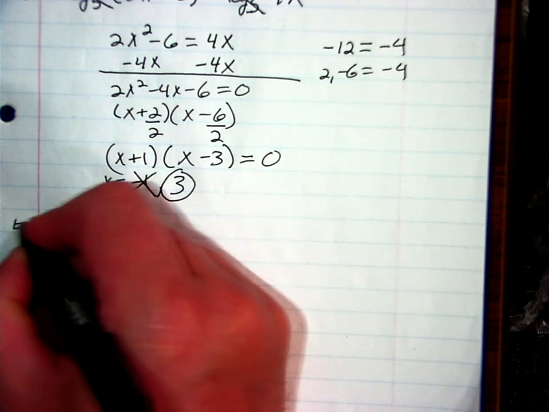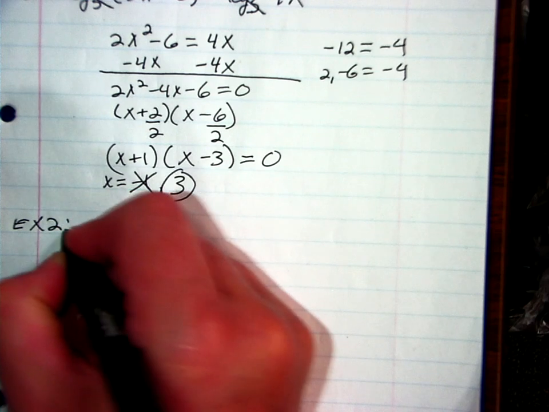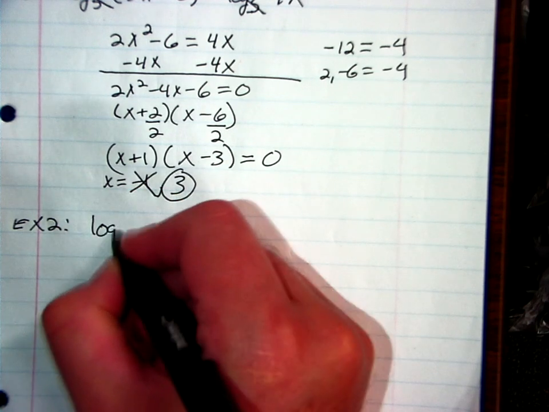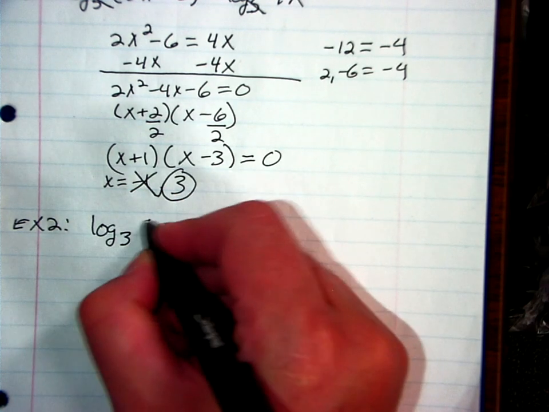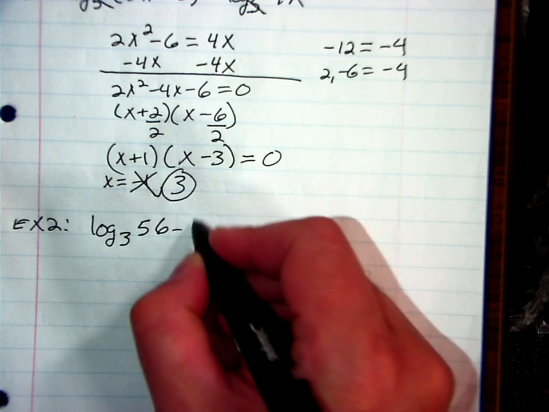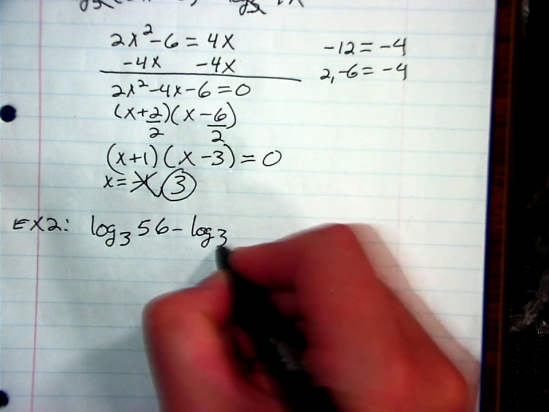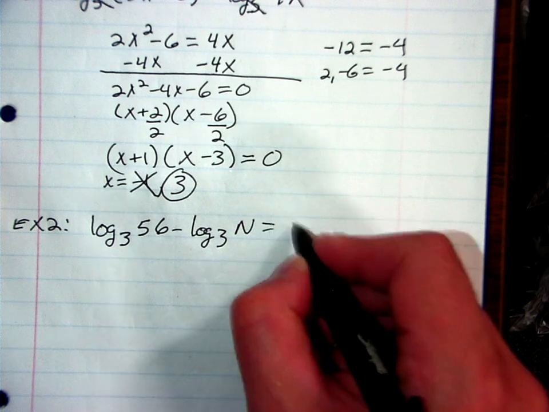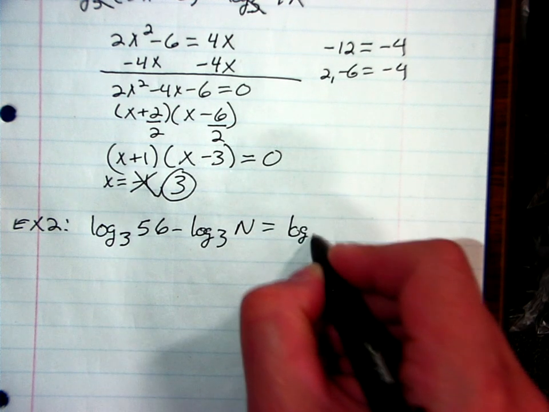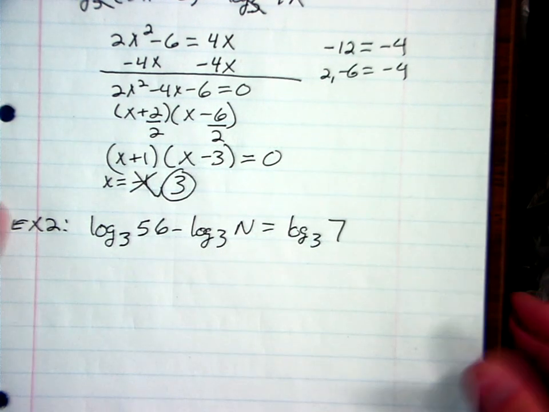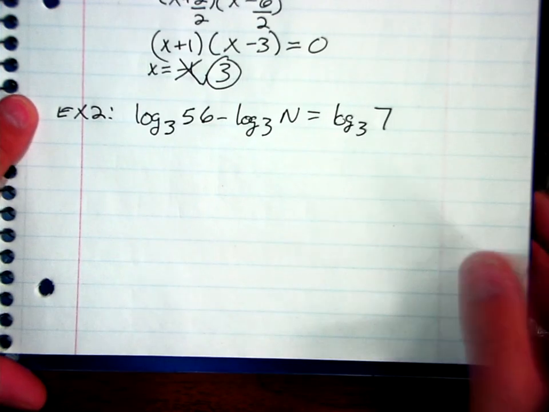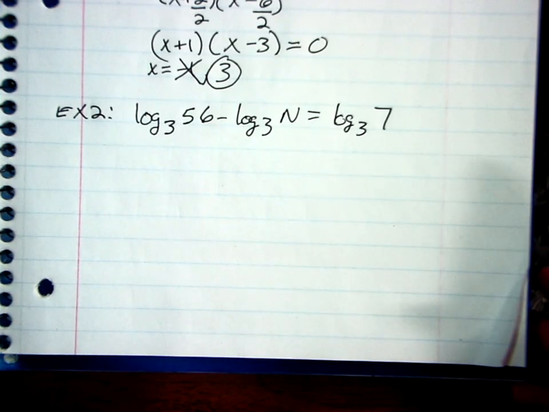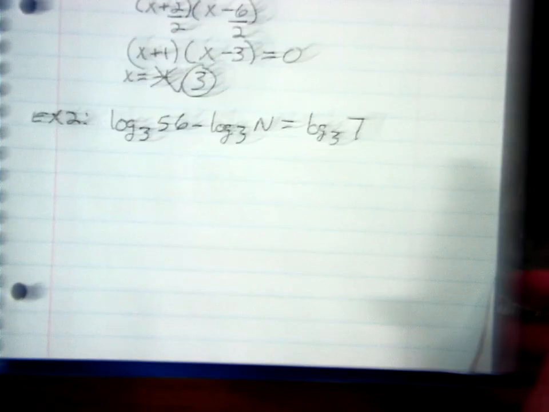All right, example 2. Log base 3, 56, minus log base 3, n, equals log base 3, 7. Now, this is what you did yesterday while I was gone on my trip.